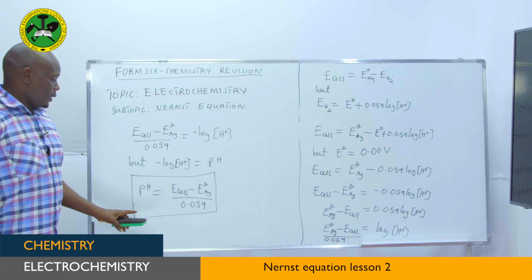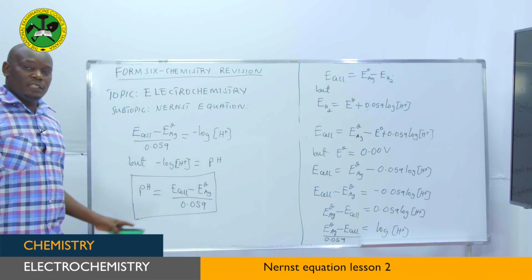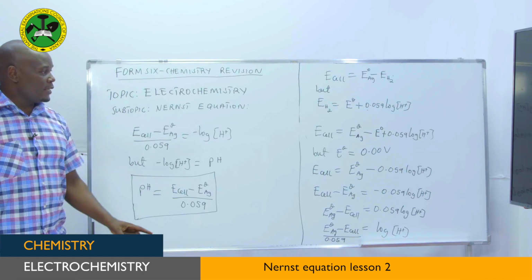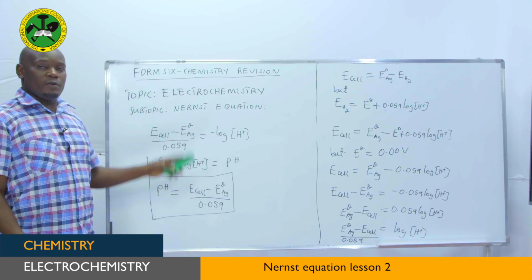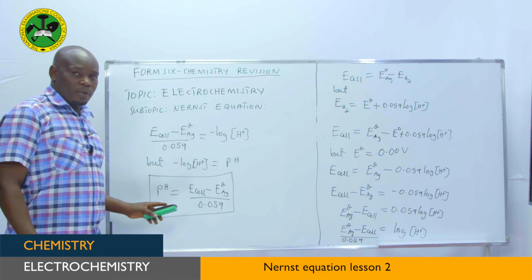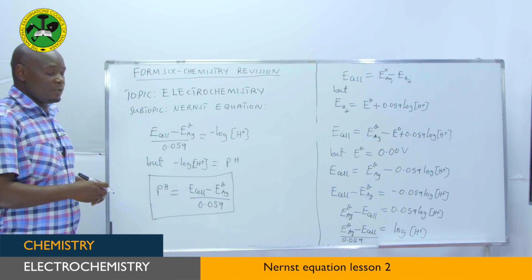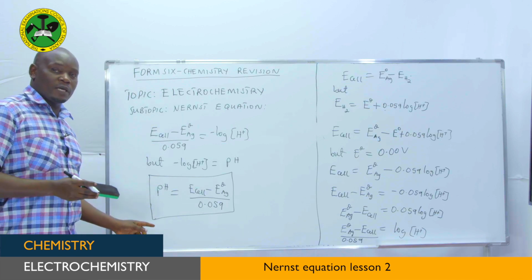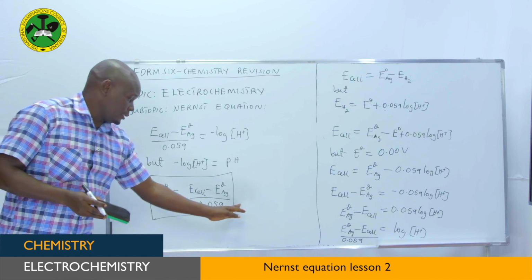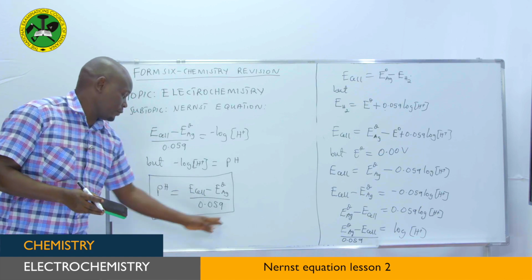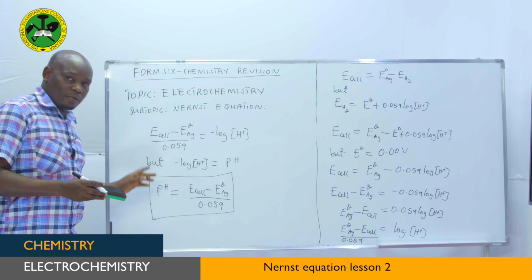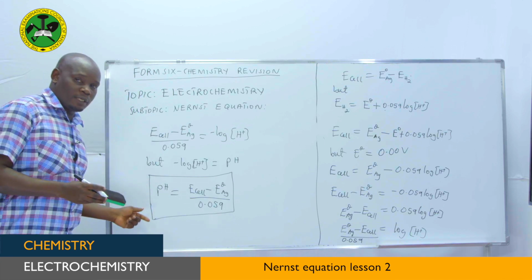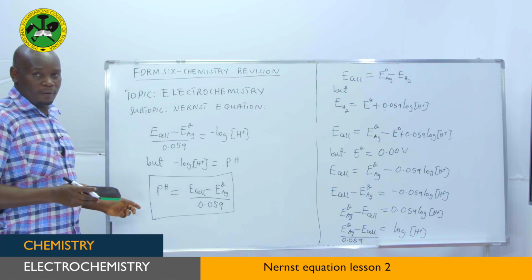Remember that this equation is specific only for the electrochemical cell made up of silver and hydrogen electrodes. If it is another electrode, you have to derive the formula for each electrochemical cell. Be careful with this part. For each electrochemical cell, when you are finding the pH of that solution, you must derive its formula.